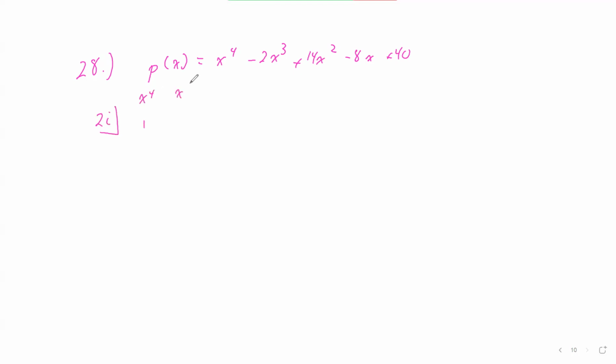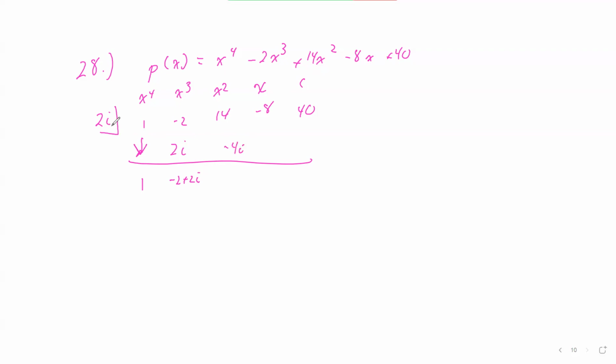So I'm going to plug in 2i. That's 1. That's negative 2. That's 14. That's negative 8. Constant's 40. Drop down the 1. That's 2i. Can't actually combine that, so it's negative 2 plus 2i. And then when I distribute this, this will give me negative 4i.